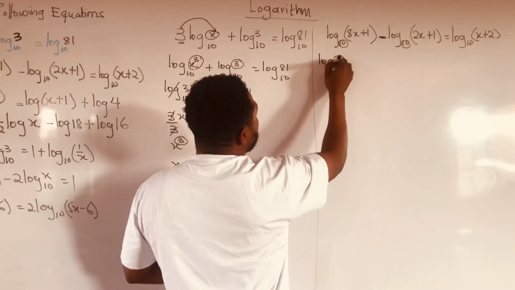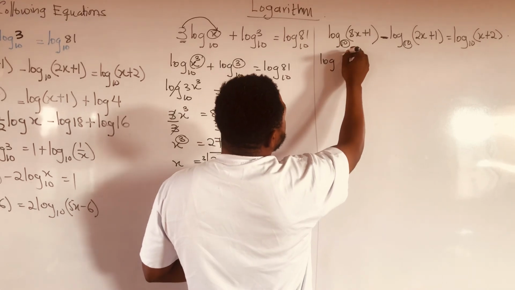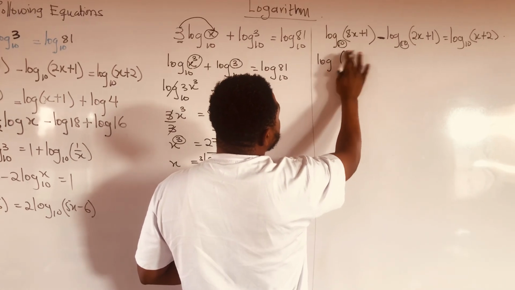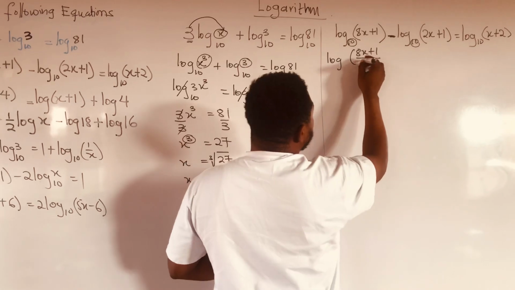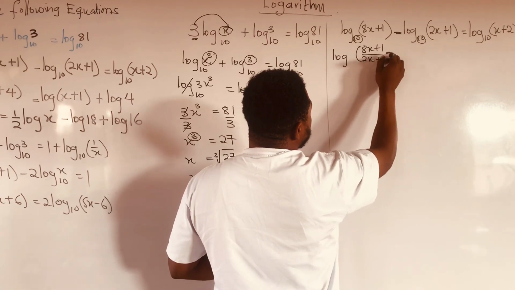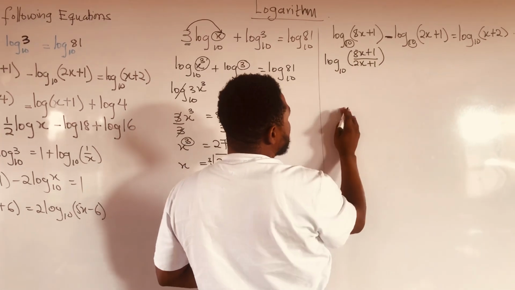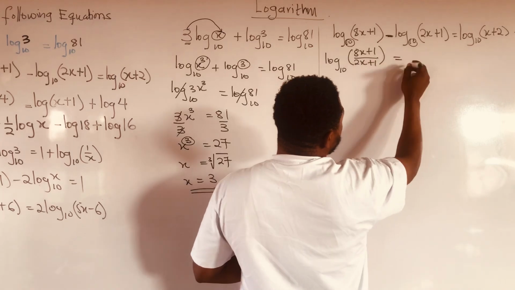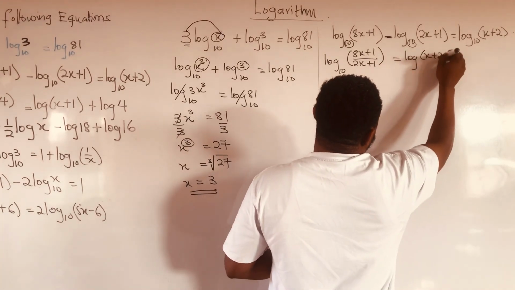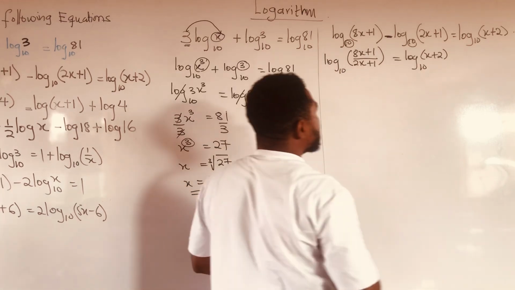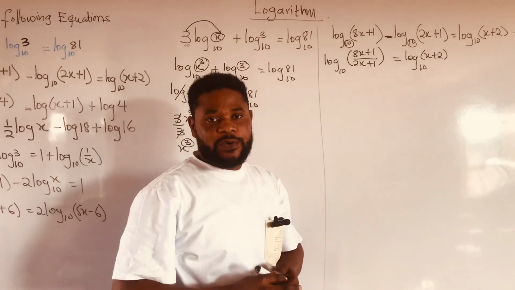Therefore, I'm going to have log 8x plus 1 all over 2x plus 1 base 10, as we can see, should be equal to log x plus 2 base 10. So this is our first approach.